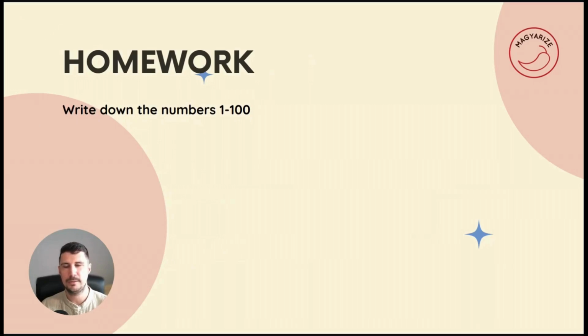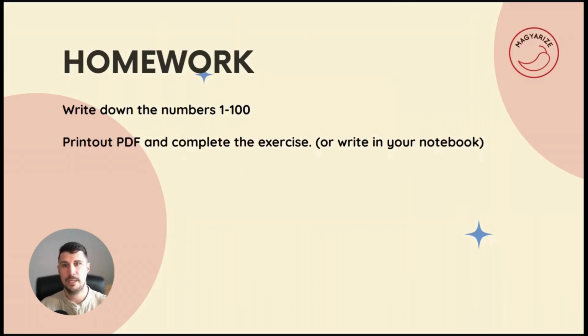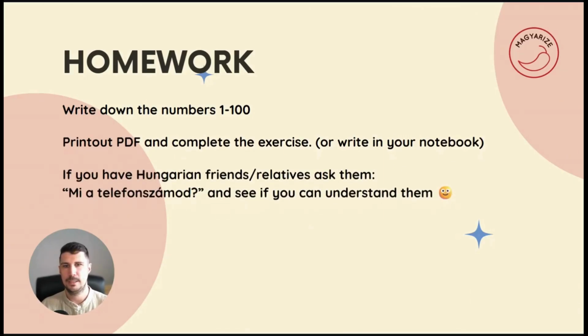Repetition is great practice. And I collected some random numbers in the downloadable PDF exercise, so you can fill those in as well. Write them down by hand. And then if you have any Hungarian friends or relatives, I would encourage you to ask them, mi a telefonszámod, and see if you can understand the numbers. It will be great practice.